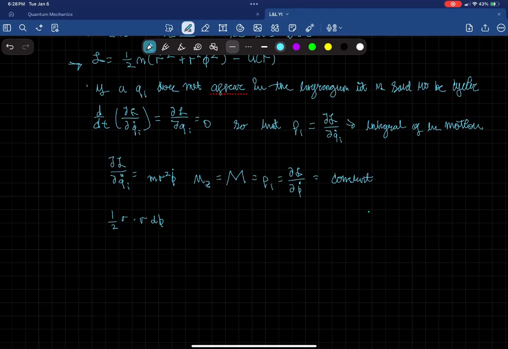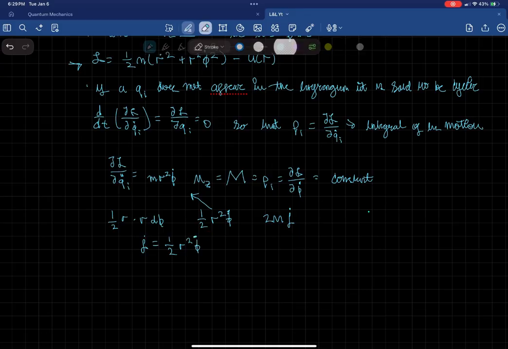If we call this area element df, then we can write the angular momentum in terms of 1/2 r squared phi dot. I will define f dot as 1/2 r squared phi dot, this term right here.